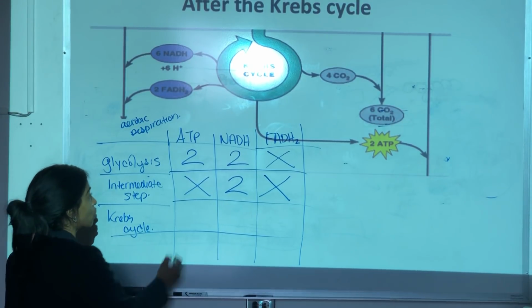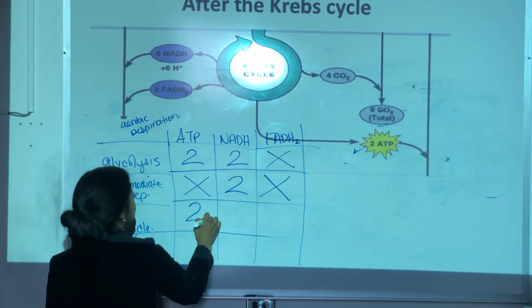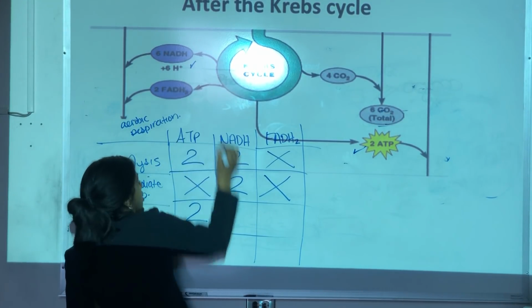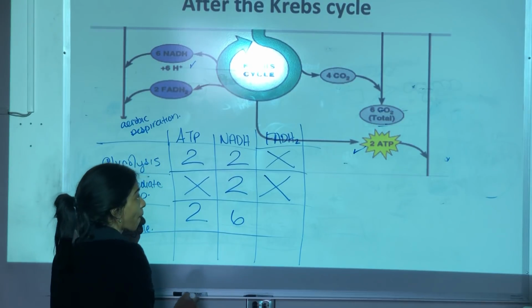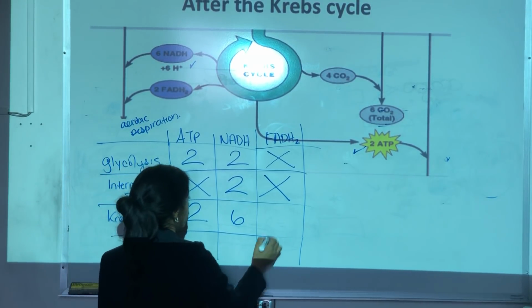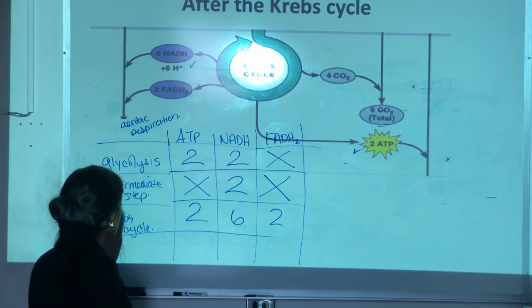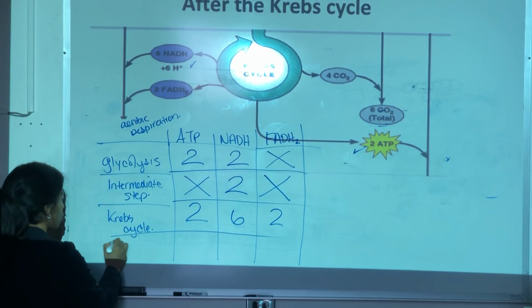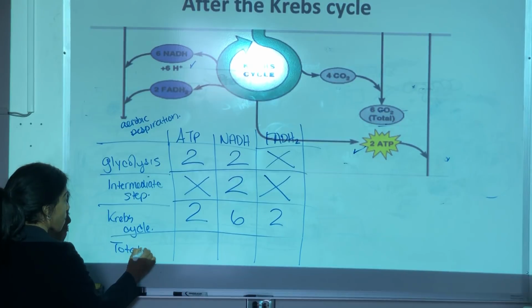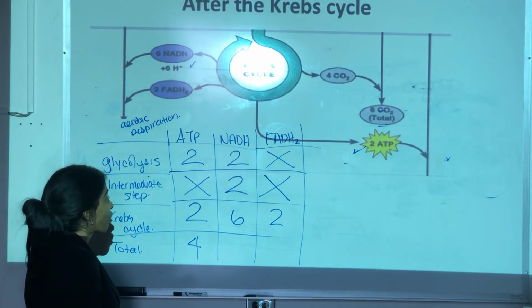So at the end of the Krebs cycle, and we see it here, 2 ATP were made, 6 NADH, and then we have our 2 FADH2. So in total, if we were to total this up, at the end we have 4 ATP that are directly made in this pathway.